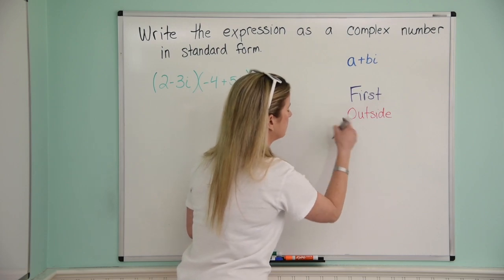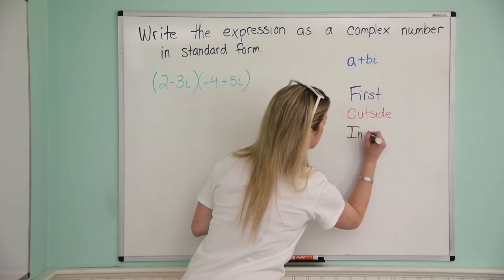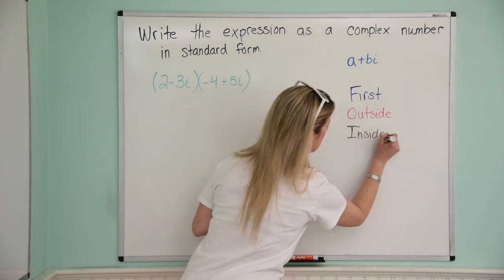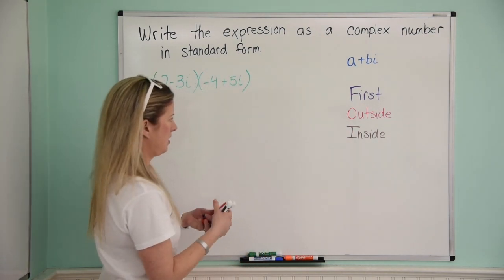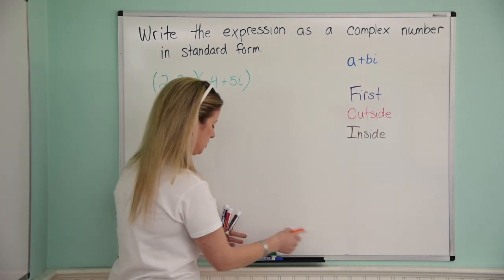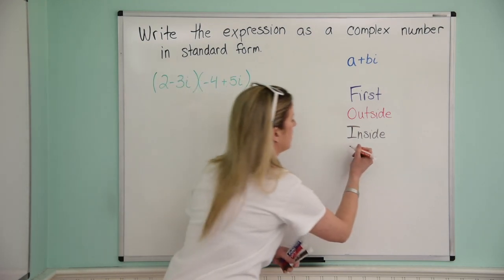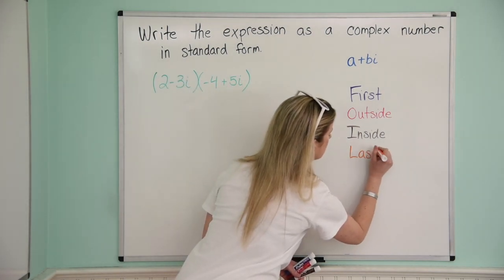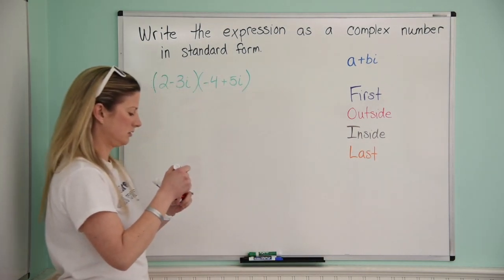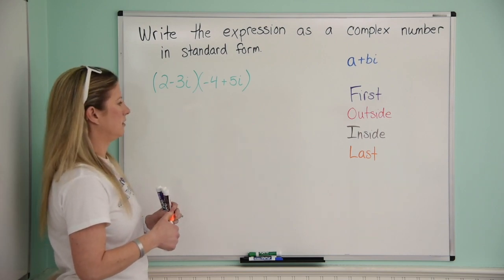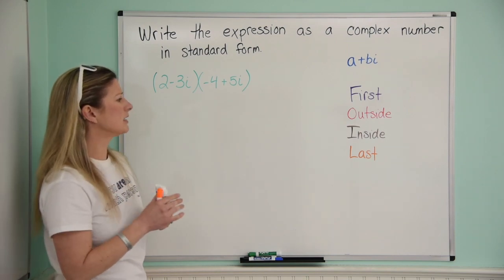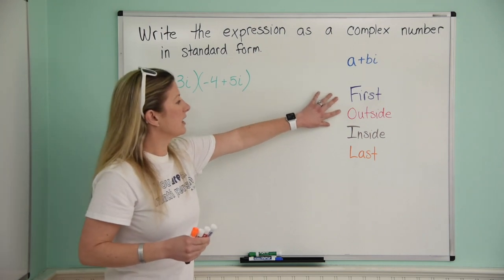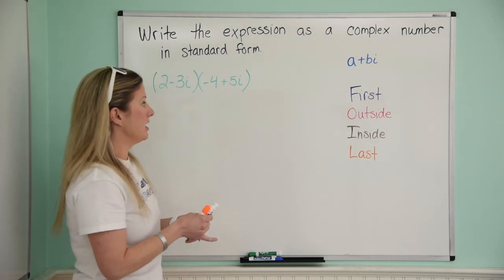So first, outside, inside. And then one more color that would be good. Let's do orange. And last. I think there is enough difference between the red and the orange, and I've already got the green up there and the blue.